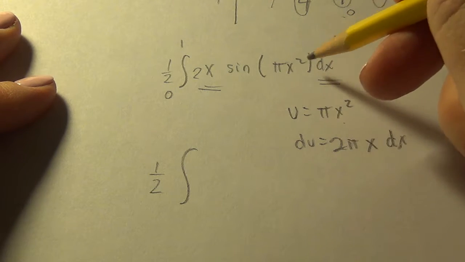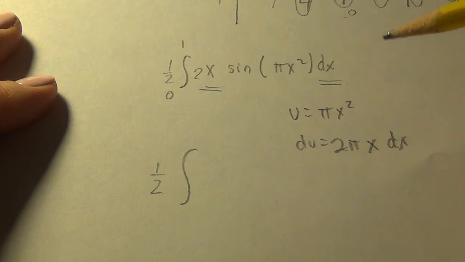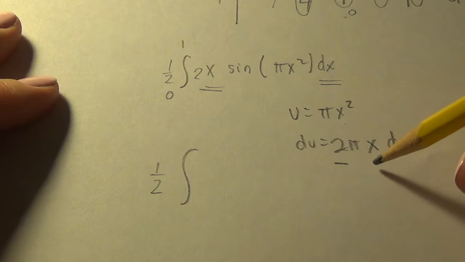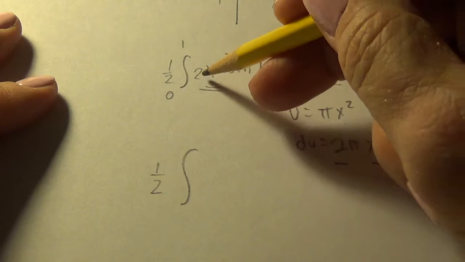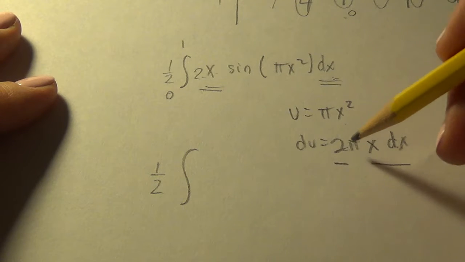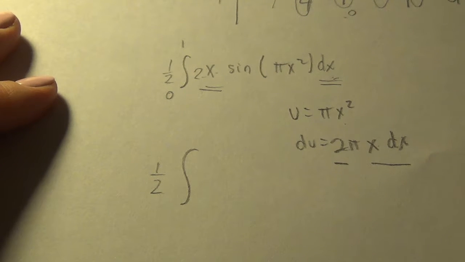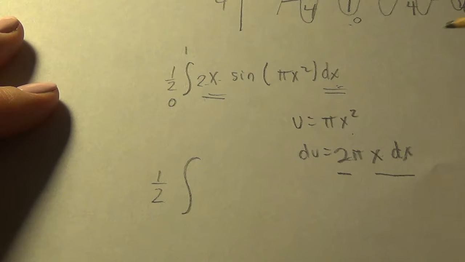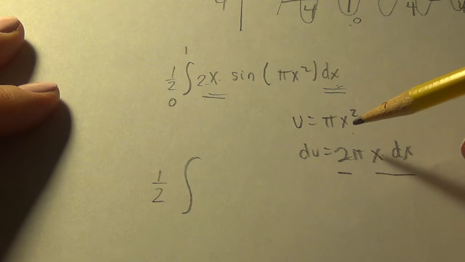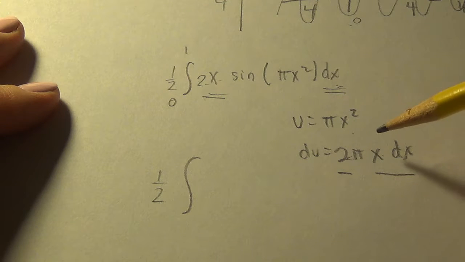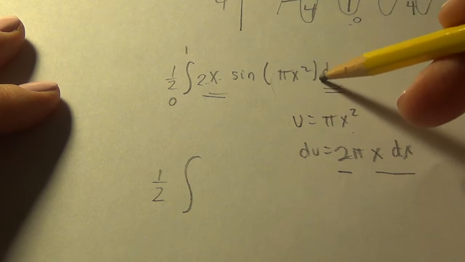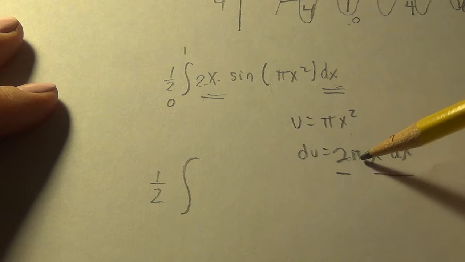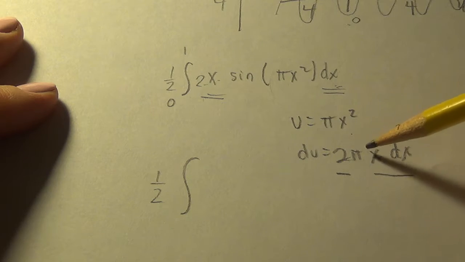So I have 2x dx. What about the pi? Alright, let's see. 2 pi x dx. That pi is in the argument of sine, so it looks like I need another pi.